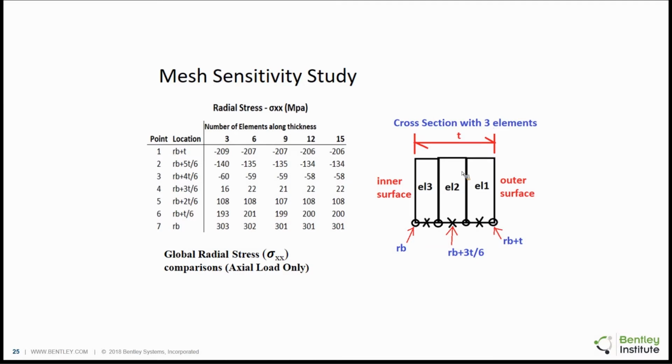For the mesh sensitivity study, what was also done was that 7 points were chosen on a specific stress classification line. Point number 1 being RB plus T, which is the outer surface, and point number 7 is RB, the inner surface, and it was divided equally into 6 equal parts: RB plus T, RB plus 5T by 6, like that.